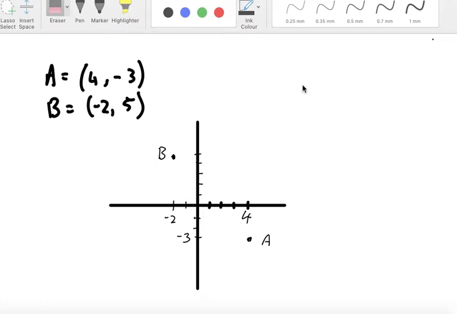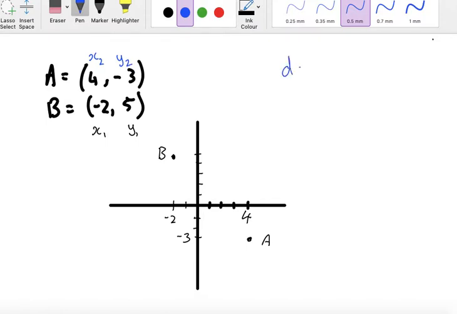Now I want to find the distance, so I go to the distance formula. Because my x comes first at -2, I'm going to call this x1 and this y1, and the top one I'm going to call x2 and y2. It would still work out the same if you did it the other way.